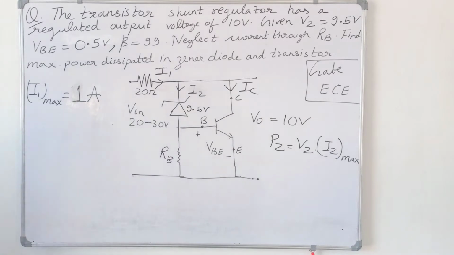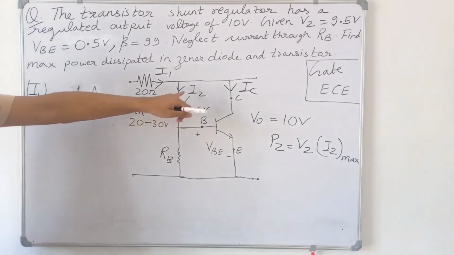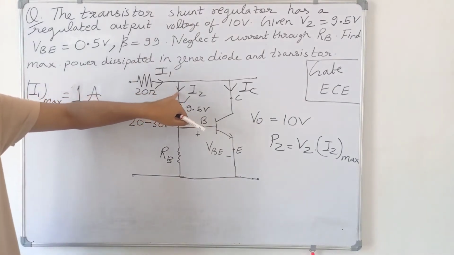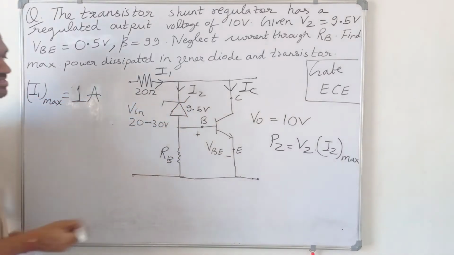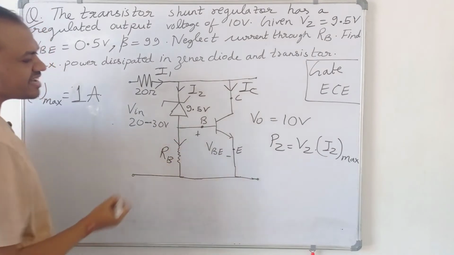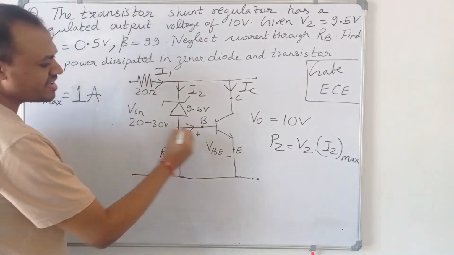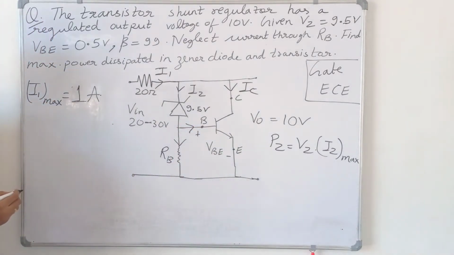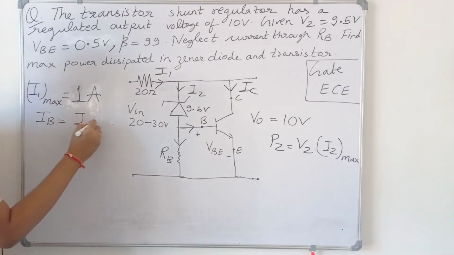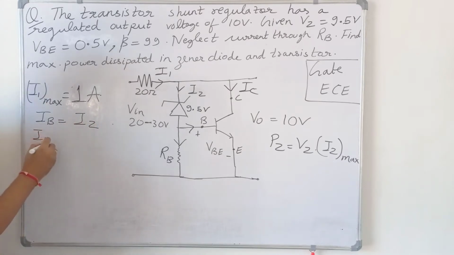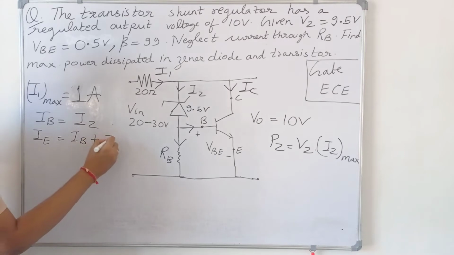Now this I1 is going through the Zener diode, and this current is 0. So whatever is the Zener current, that will flow into the base current as well. So IB equal to IZ. IE is given as IB plus IC.